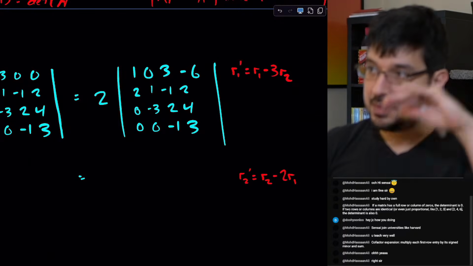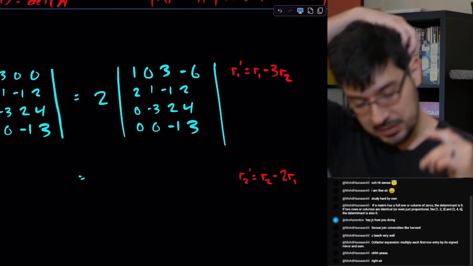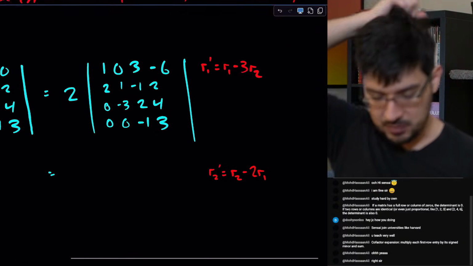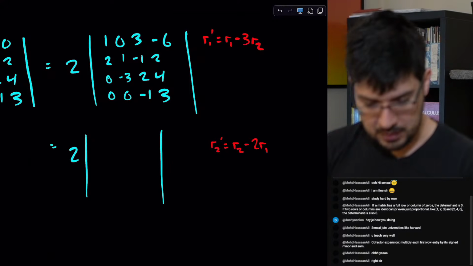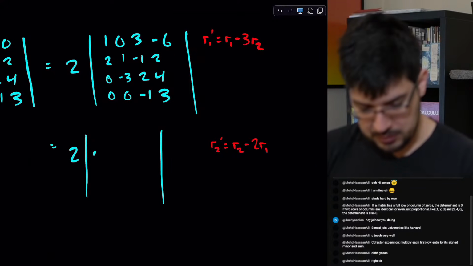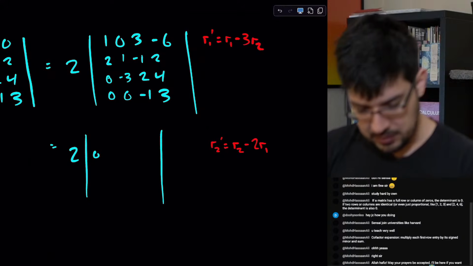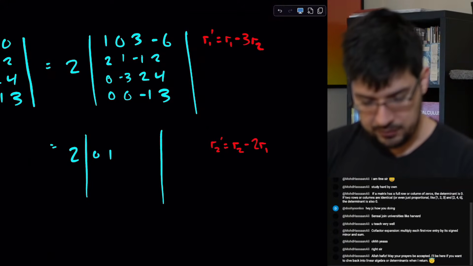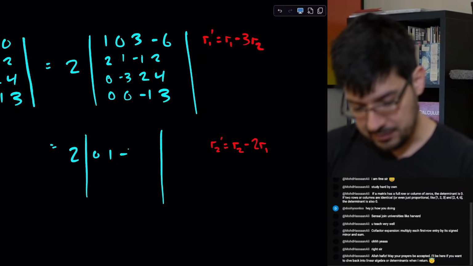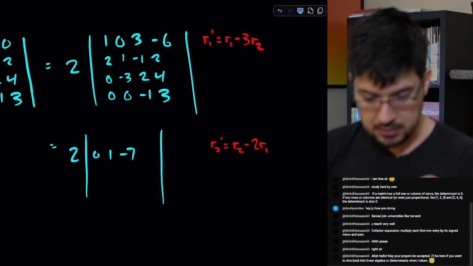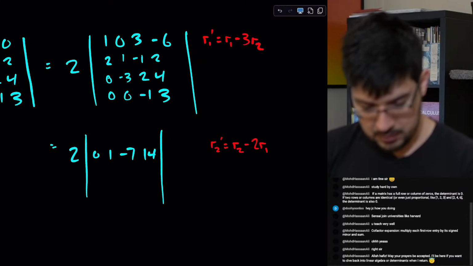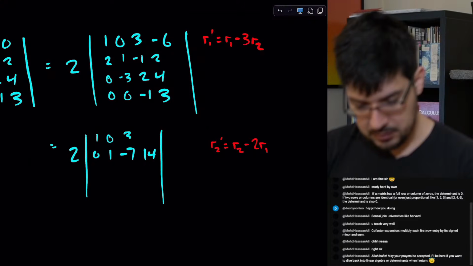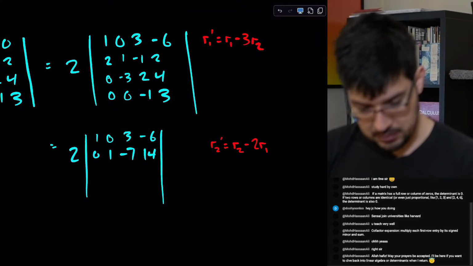So you see how I went back and forth between row 1 and row 2 to reduce a 7 to a 1, and now it's just much easier to work with. So 2 minus 2 is 0. 1 minus 0 is 1. Negative 1 minus 6 is negative 7. 2 plus 12 is 14. Then the rest is the same.